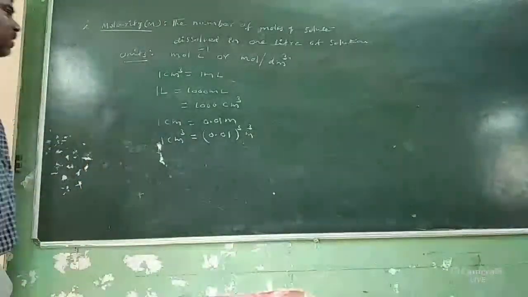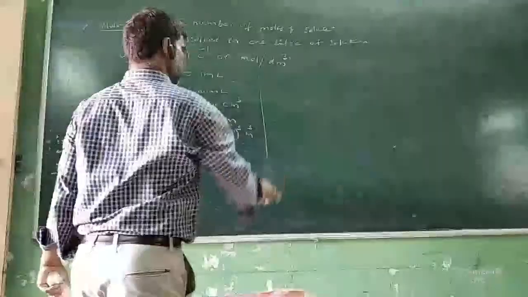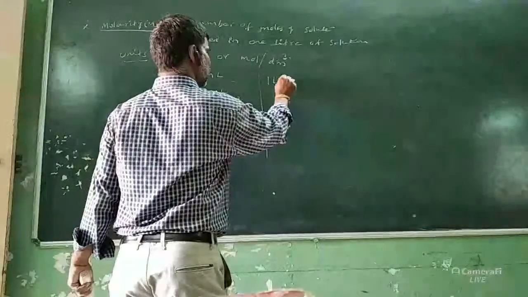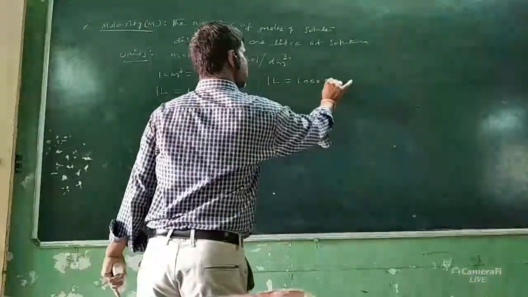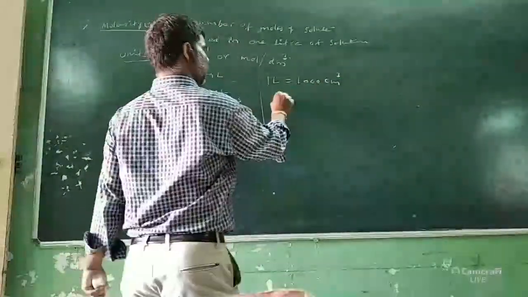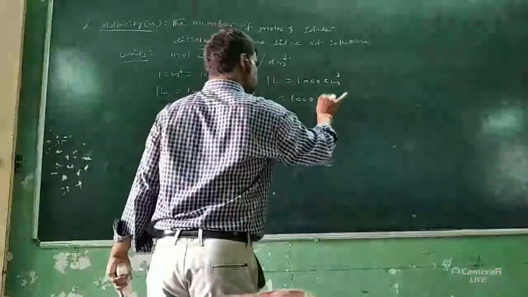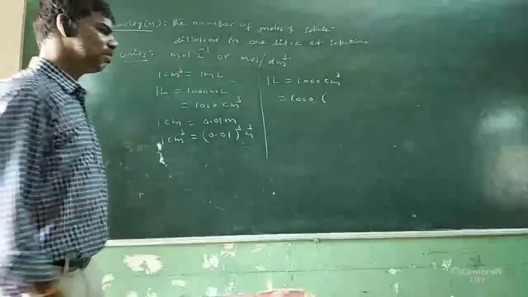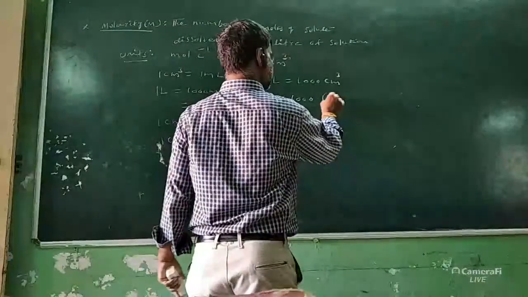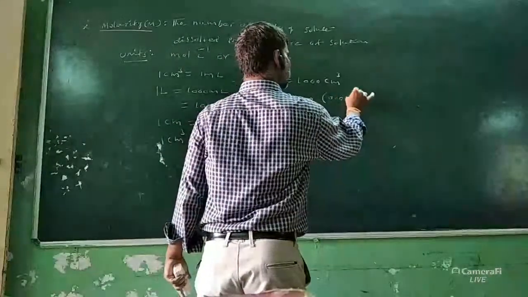Substitute there: 1 liter is equal to 1000 centimeter cube, where we have 1000 into 0.01 whole cube meter cube.